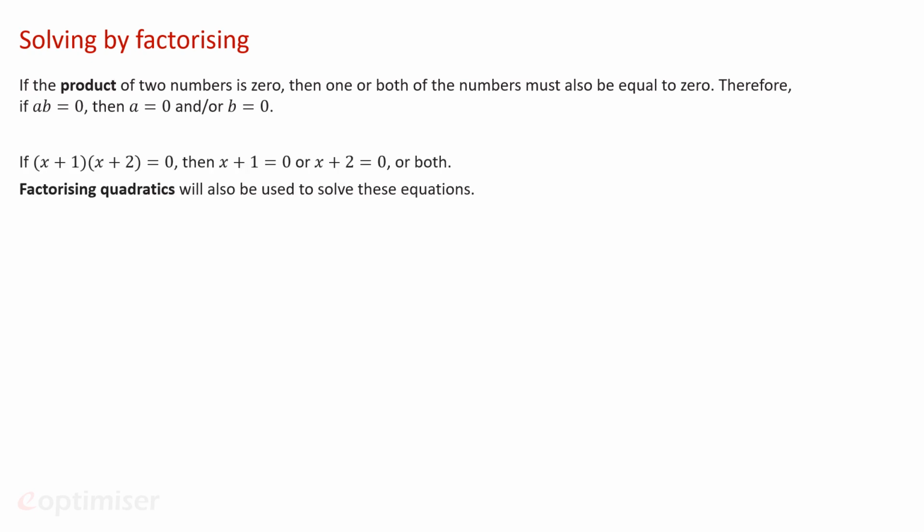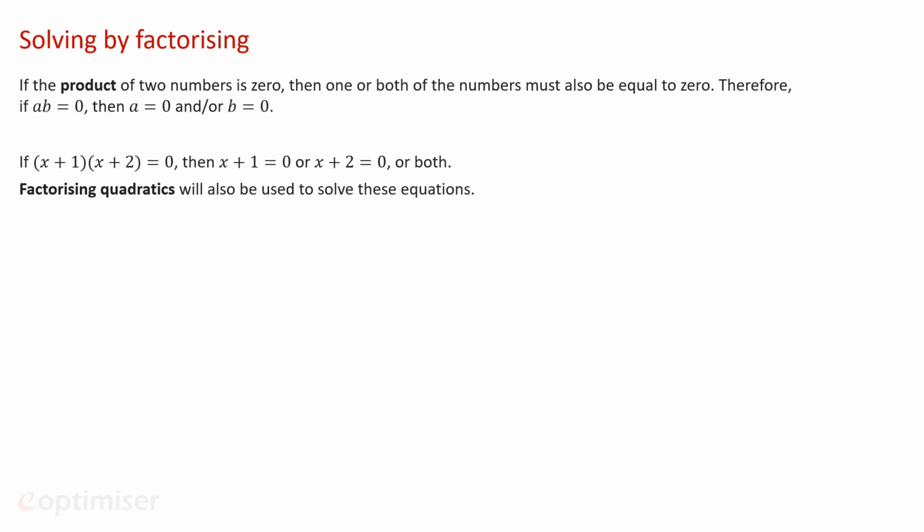If you have x plus 1 into x plus 2, you know that if you expand these brackets, you'll get a quadratic. But here you are writing it as two multiples. Therefore, either x plus 1 is equal to 0 or x plus 2 is equal to 0. If you multiply anything with 0, you'll get 0.